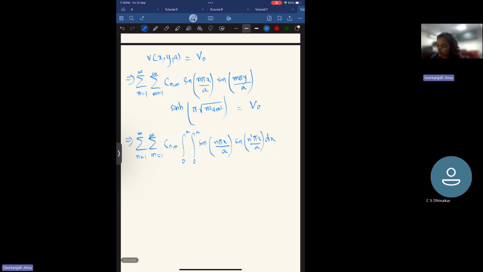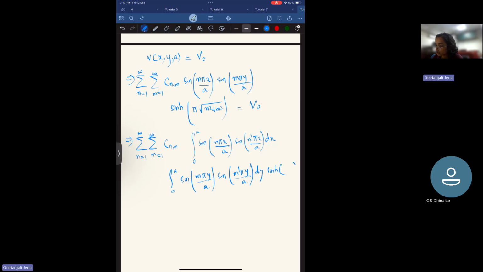and the other is ∫ from 0 to a sin(mπy/a) sin(m'πy/a) dy. There is a sinh function here.